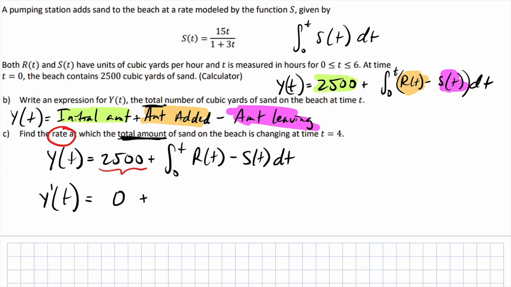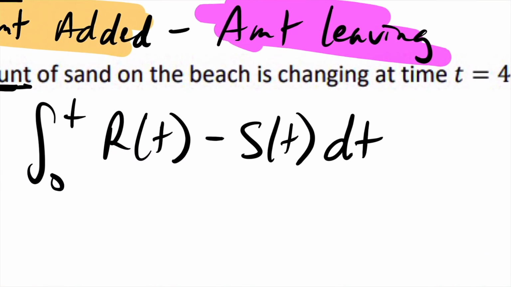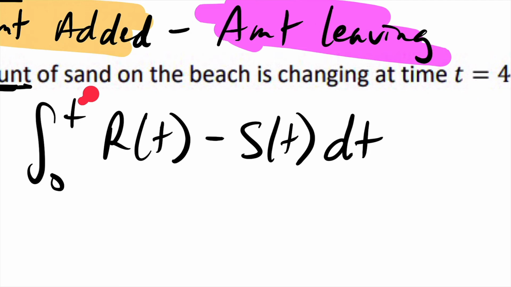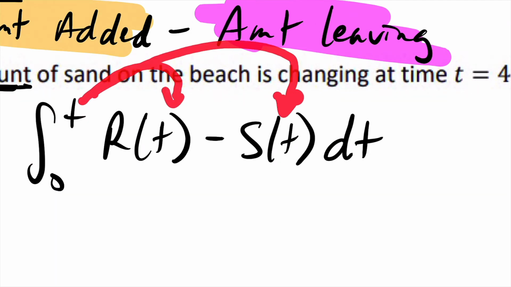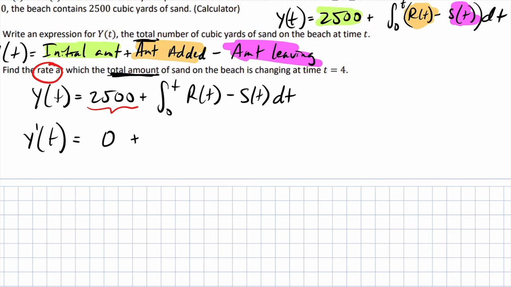You saw it on your last test. When we see this here and we find the derivative of this, what happens to the top? It goes there. Second fundamental theorem, or fundamental theorem part 2. So we have r of t minus s of t. No more dt.